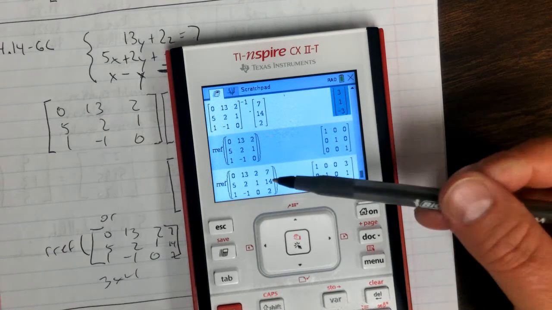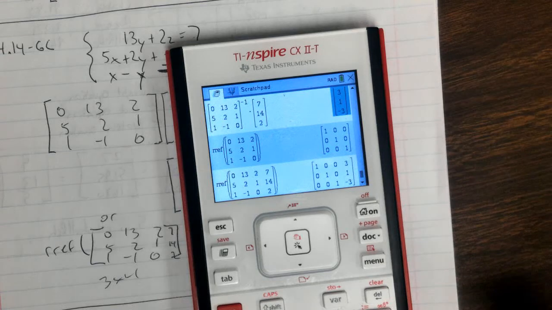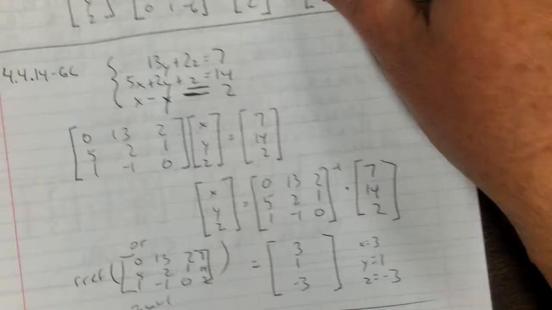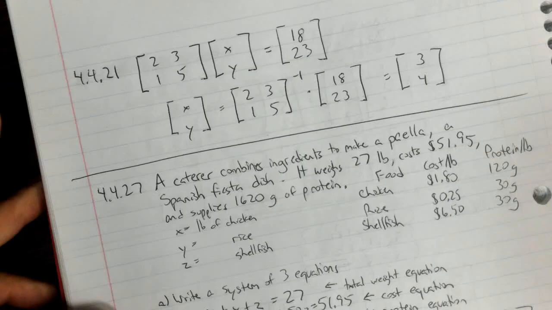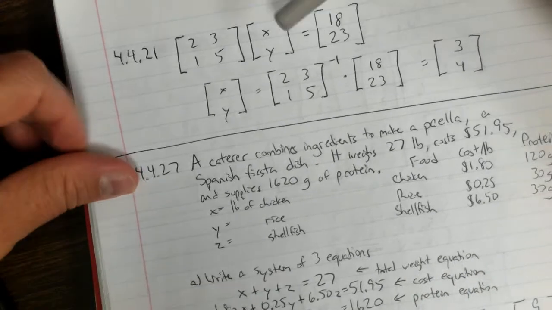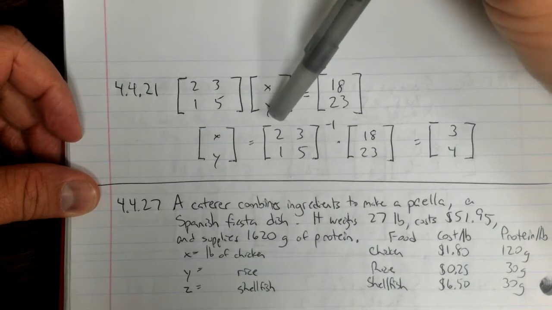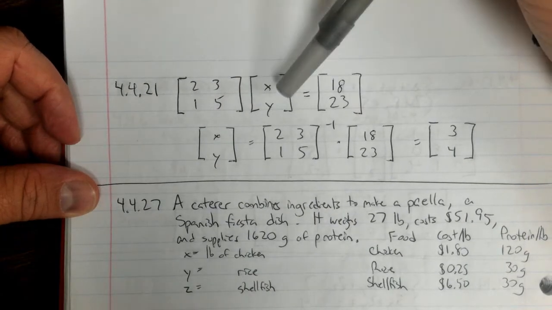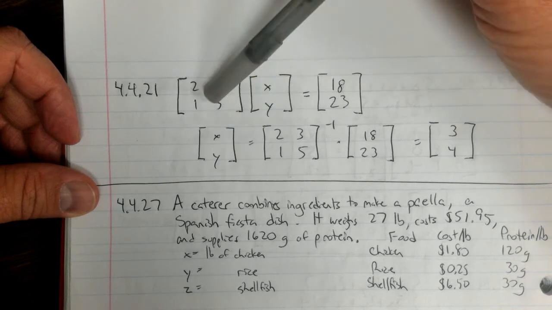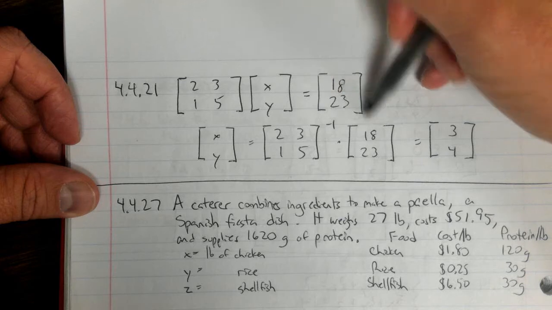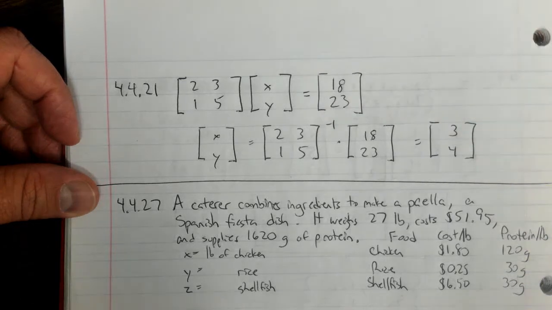So either method works. All right, on your next one, you have this matrix times your xy equal this matrix. And so I just copied this down, put this over here with the -1 power, and then times this, just multiply it, and you get your answer.